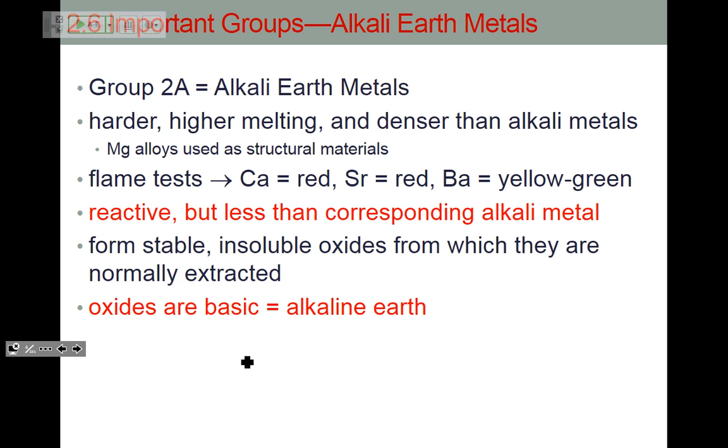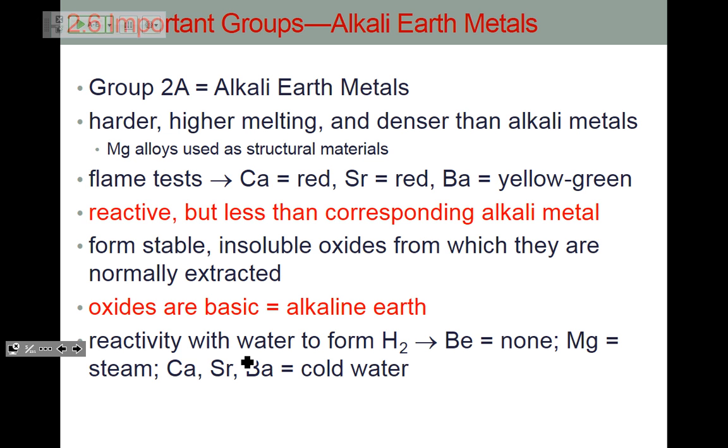Oxides are basic, and they do react with water, depending on which metal. Beryllium doesn't really react too well, but magnesium will react and form steam. Calcium, strontium, and barium will react in cold water. So they do have some reactivity, but not as reactive as those group 1A ones.